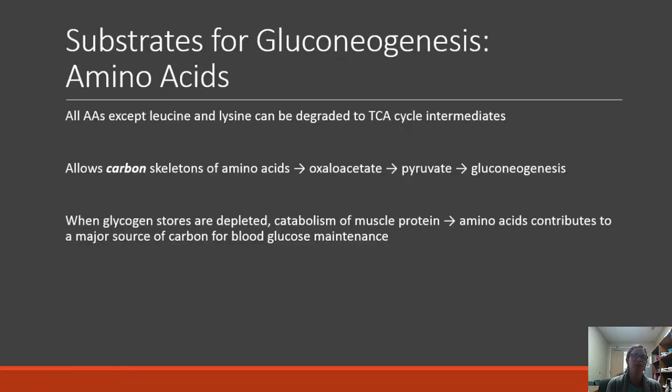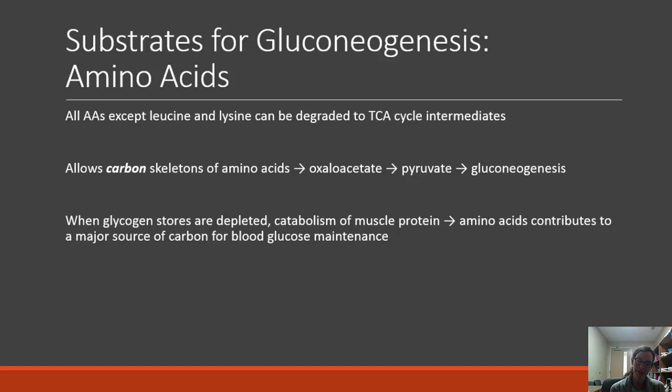Okay, another substrate for gluconeogenesis is amino acids. Almost all of our amino acids, except leucine and lysine, can be degraded so that they produce TCA cycle intermediates. Those intermediates can then enter into the TCA cycle and keep the system going.